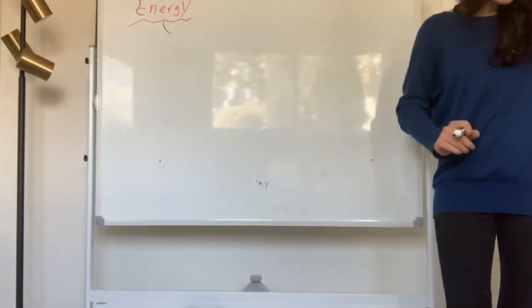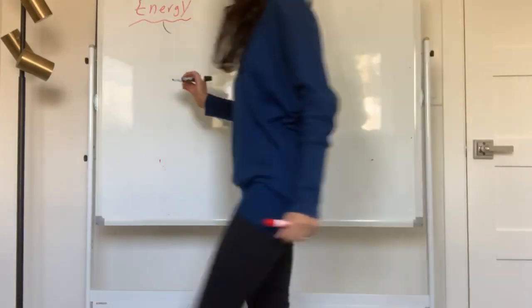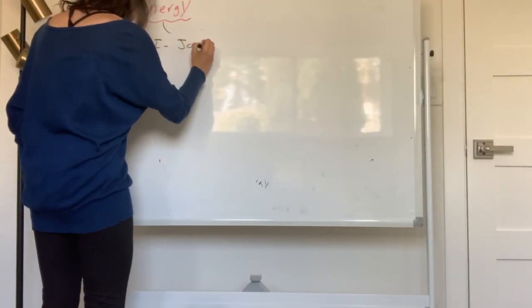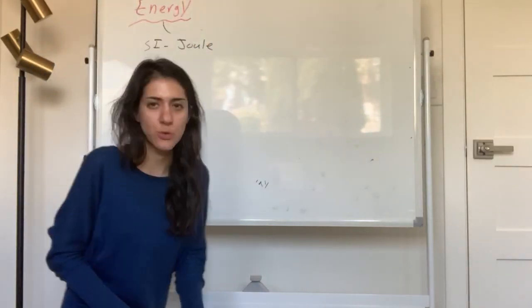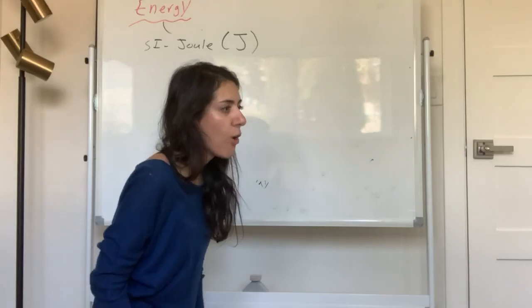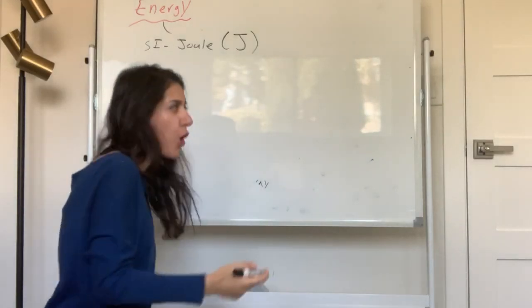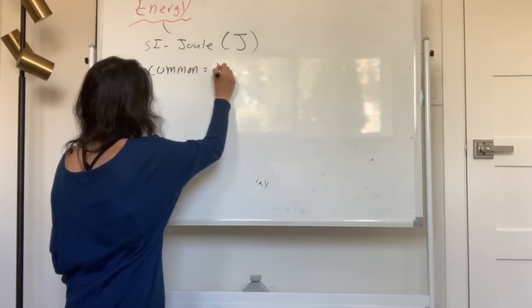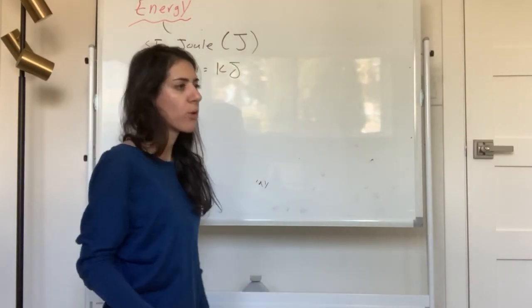The SI unit is the joule, with an uppercase J. But the more common one is the kilojoule. Kilojoule is going to be more common.